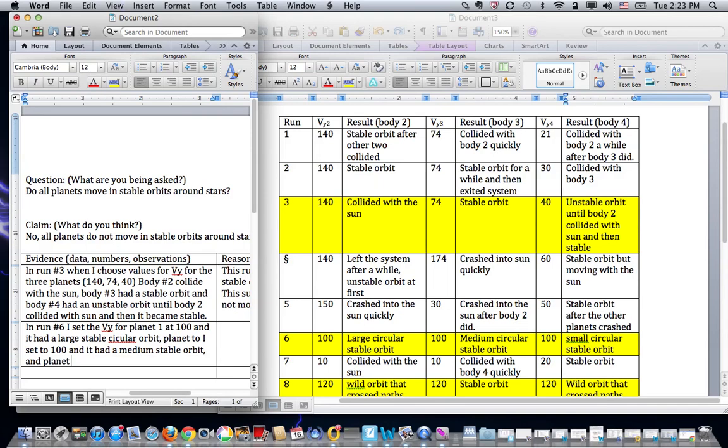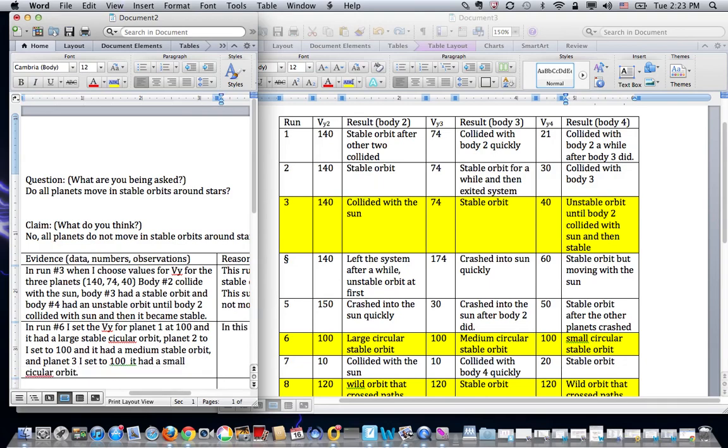And planet 3, I set to 100. Oh, you know what? I should have just said, when I set the Vy to all 3 planets at 100, that would have made more sense. It had a small circular orbit.